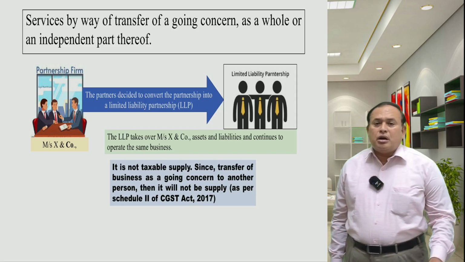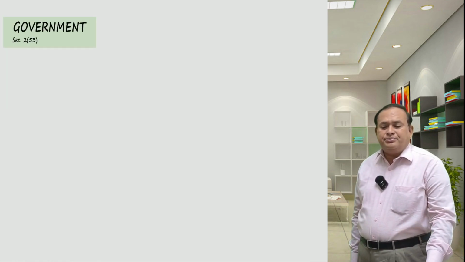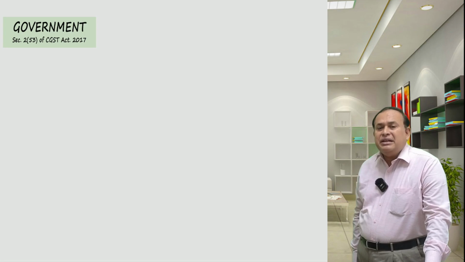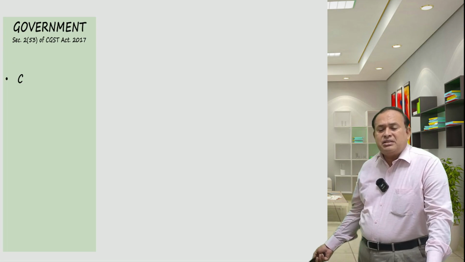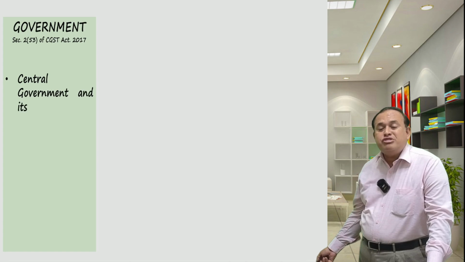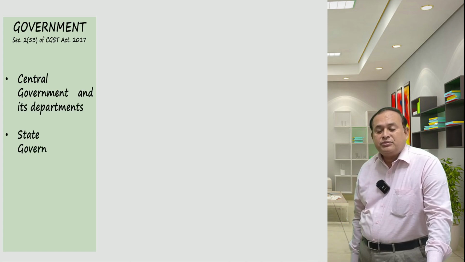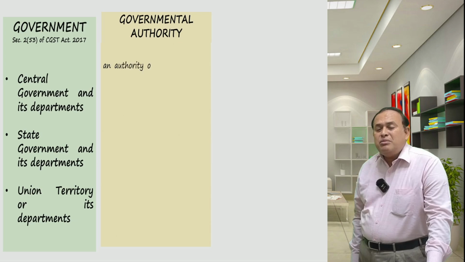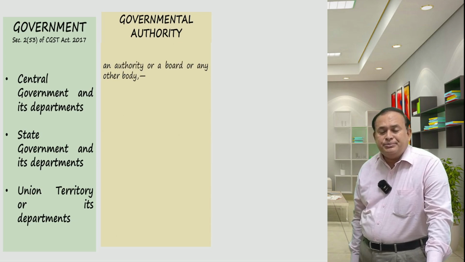Now I am coming to the government sector. When you say government, we have a definition: central government, state government, or union territory, and its departments. Governmental authority is different from government.